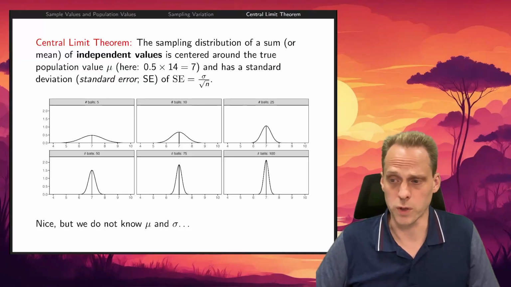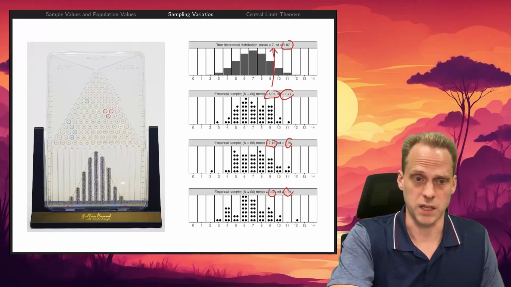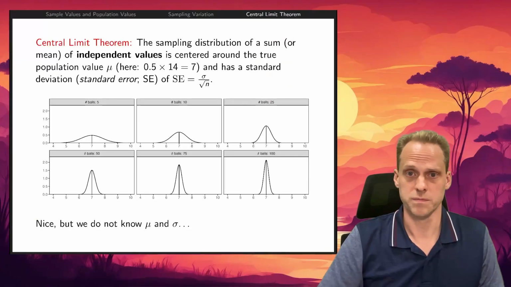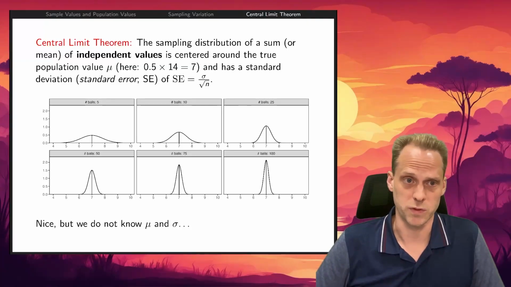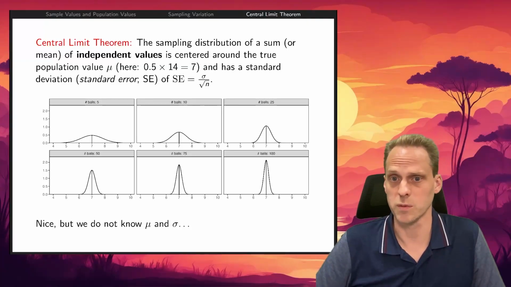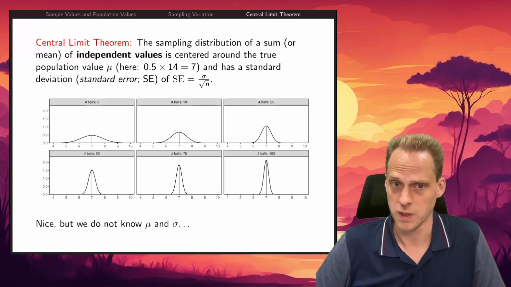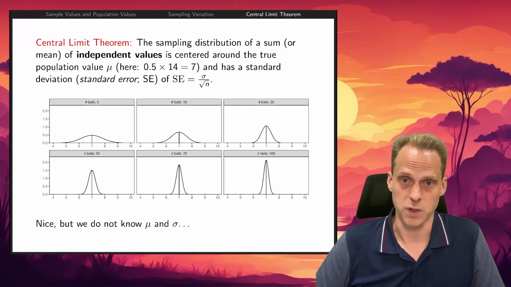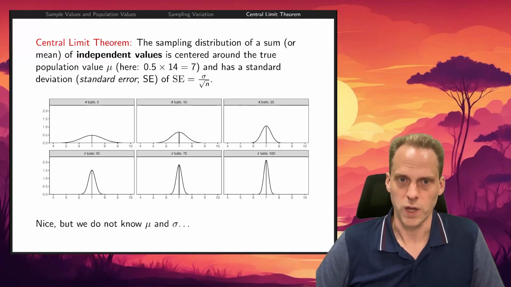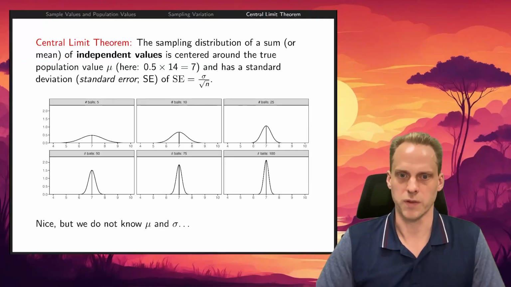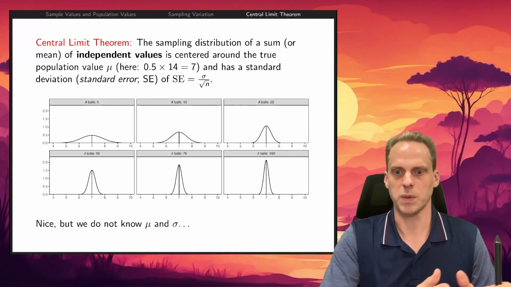One thing that's really cool here, in this case, is the Central Limit Theorem. And that means the sampling distribution of a sum or mean of independent variables is centered around the true value. Now, that's interesting because often in psychology, we have a mean and sum of independent values. Namely, we have independent people.